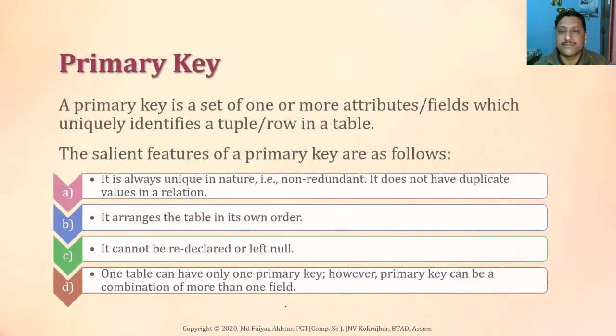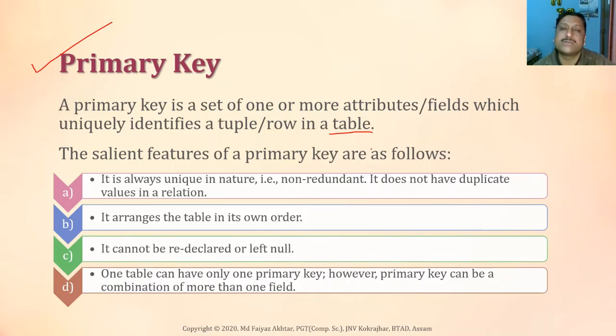First we are going to learn the primary key. A primary key is a set of one or more attributes or fields which uniquely identifies a tuple or row in a table. Sometimes, to uniquely identify a particular row or record, we need more than one column.